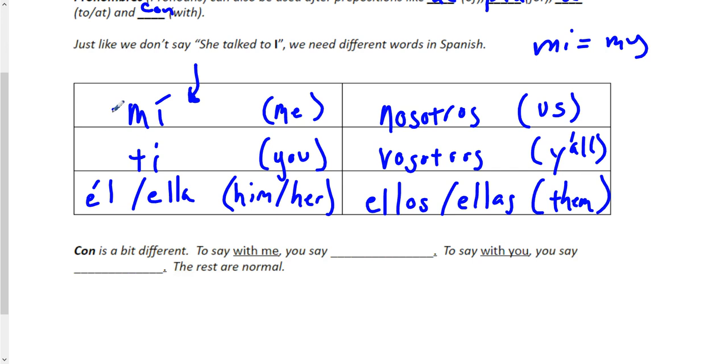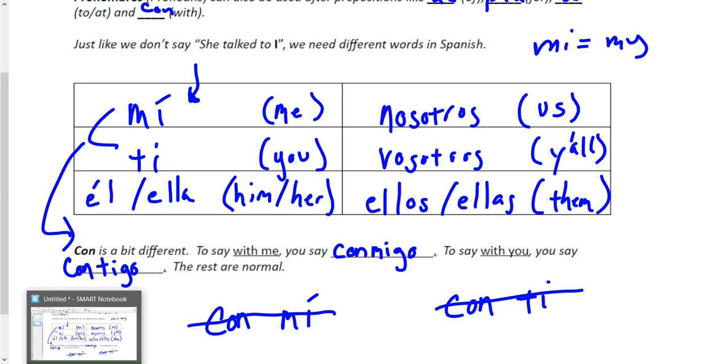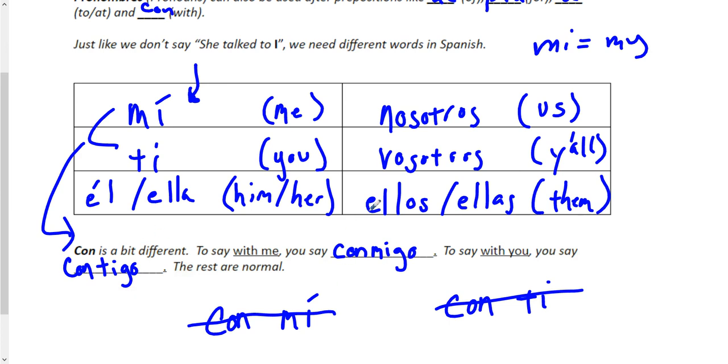When we put these guys with con, it's not con mí. Okay? Instead, you say conmigo. And it's not contigo. It is, you guessed it, contigo. Okay? The rest are normal. Con él, con ella, con nosotros, but these two screwballs are weird.